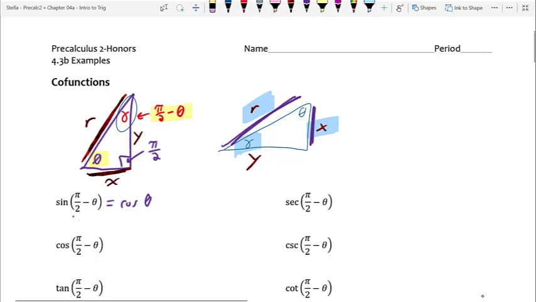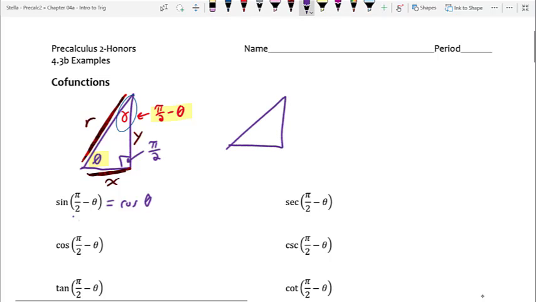So I'm going to erase some of this and show this one more time in a very simple way. Here is angle theta and angle gamma. If I call the sides C, A, and B, I know that the sine of theta is equal to B over C, but the cosine of gamma is also equal to B over C. This means that the sine of theta has to equal the cosine of gamma.